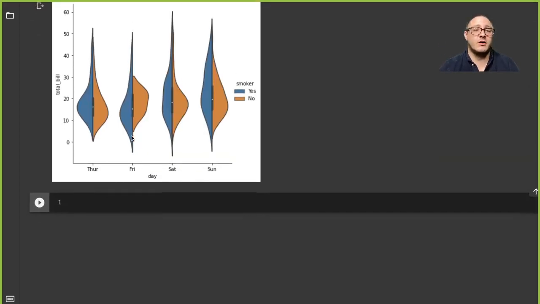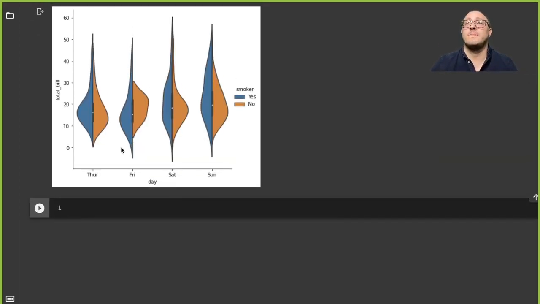Now, when I run this, our violins are broken in half. We get to see on the right-hand side the distributions of the non-smokers, and on the left-hand side the distribution of the smokers. So then we can see each day how much these people were spending on the bills, each side, and then how their distributions are.